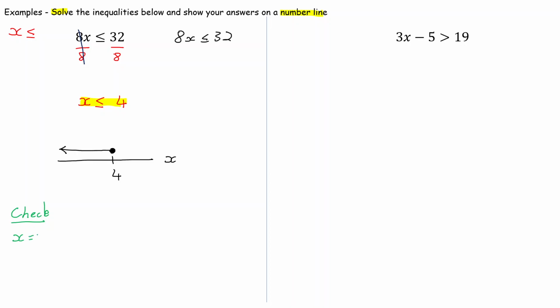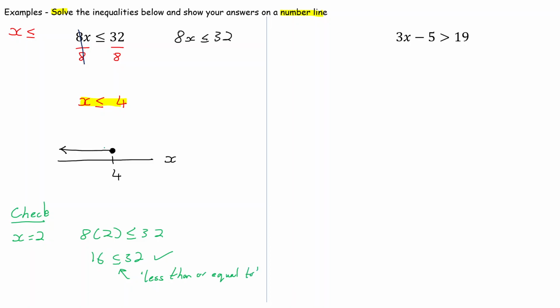If x was equal to 2, because that is less than or equal to 4, and we put it into our inequality, which is 8 times our x value, which I've chosen to be 2, is 8 times 2 less than or equal to 32? Well, 8 times 2 is 16, and that is less than or equal to 32. So it does make sense.